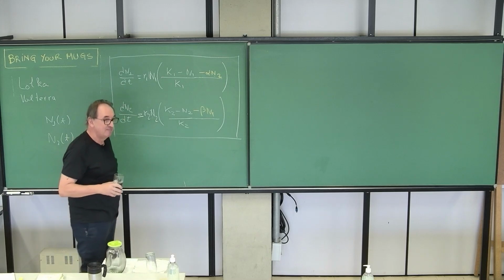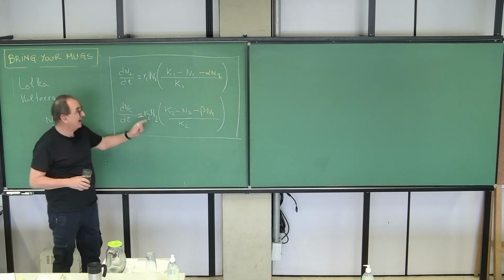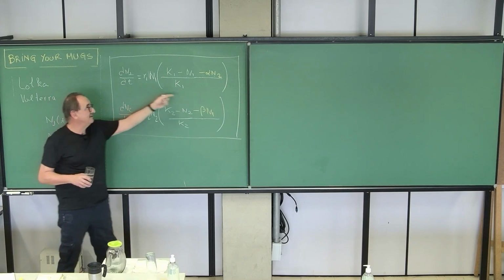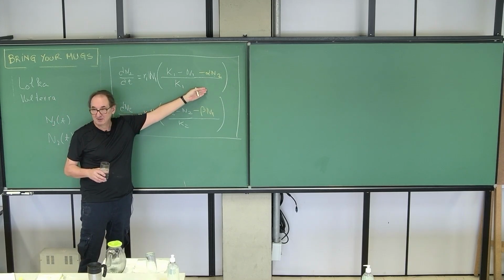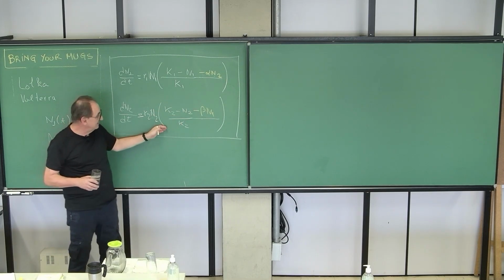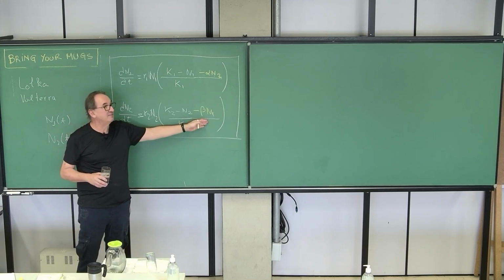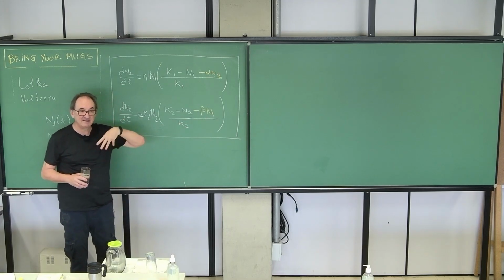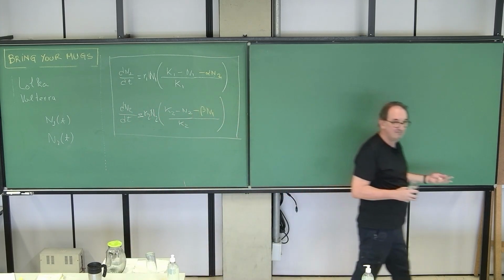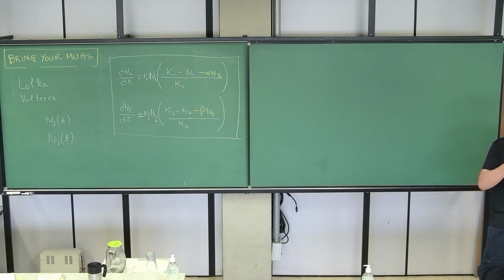There's no sense in saying I want to solve the first one, because the first one has N2 here. Therefore, you would have to solve this one, but this one cannot be solved without knowing N1. Therefore, both equations have to be solved at the same time. Okay, so that's a system of differential equations.